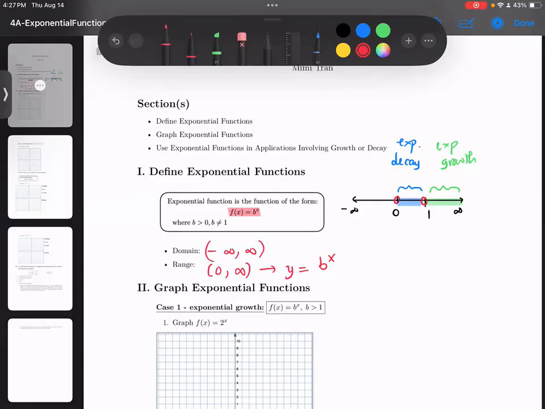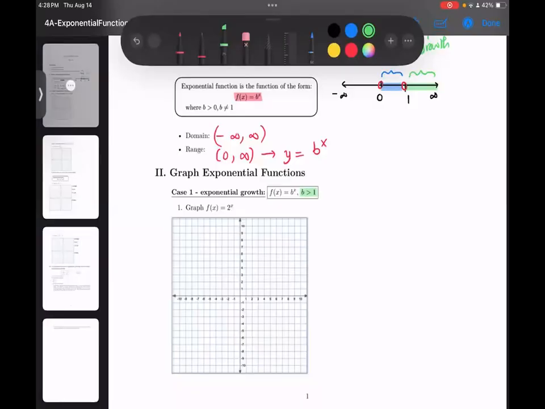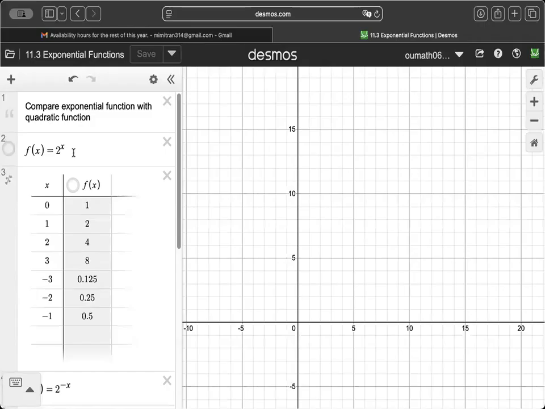All right, let's take a look at case 1, exponential growth, where f of x equal b to the x and b is greater than 1. So we're talking about the green case here. Let me show you how a graph and a table look on decimals. We won't do it by hand though. Let me plot some points.